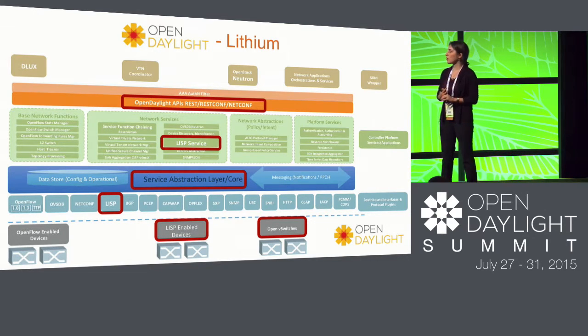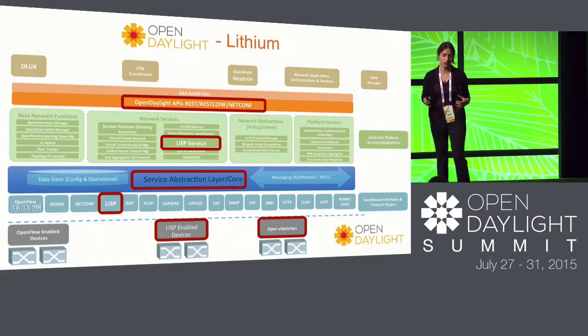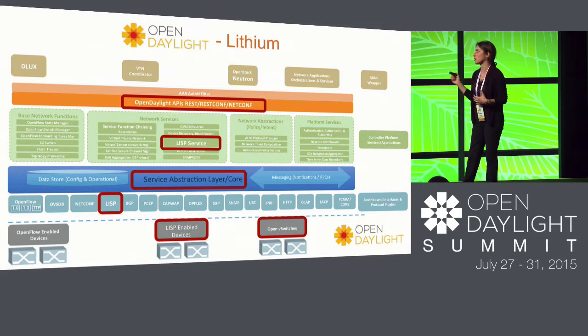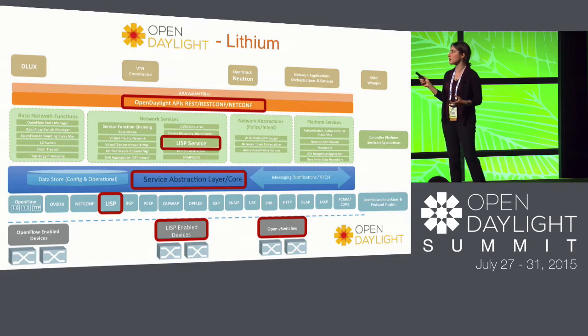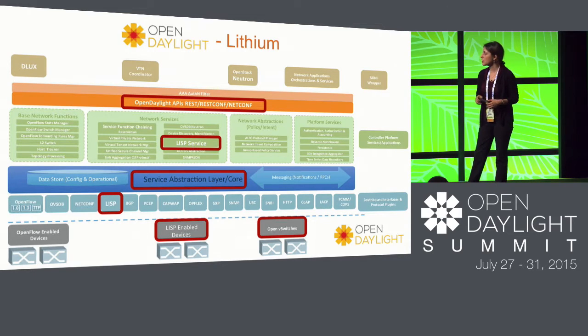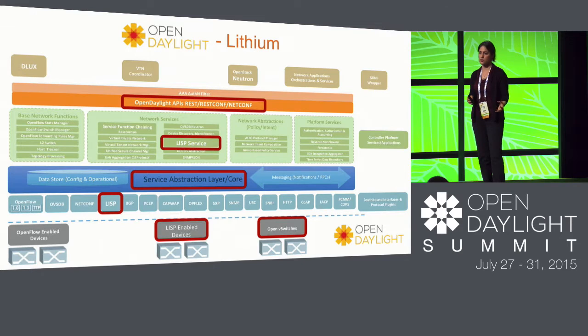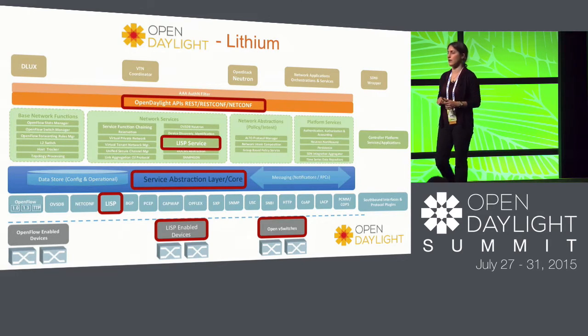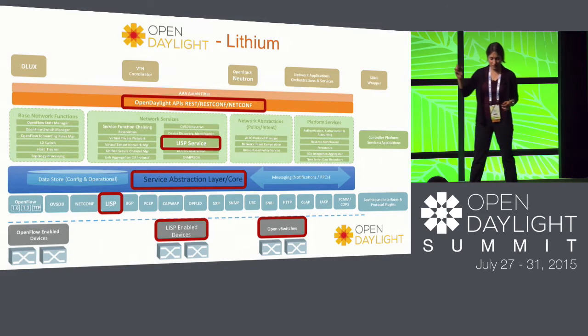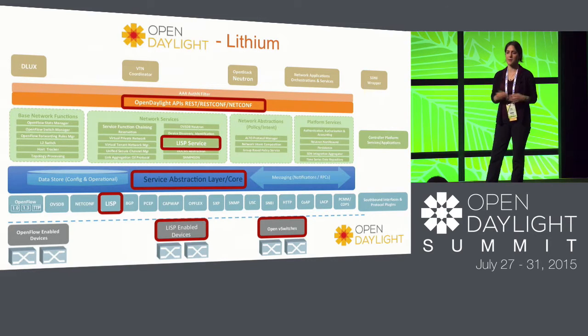Also, the service is completely MD-SAL based, so we are based on the service abstraction layer. And then there is a Lisp plugin in the southbound, which implements the control protocol for doing the lookup and retrieval of the mappings. So the Lisp service is mainly focused on that mapping database layer.